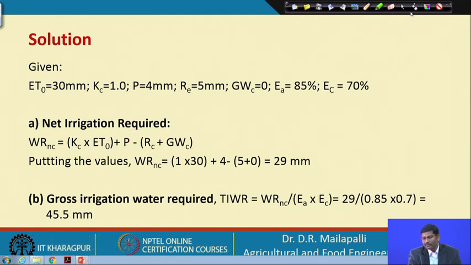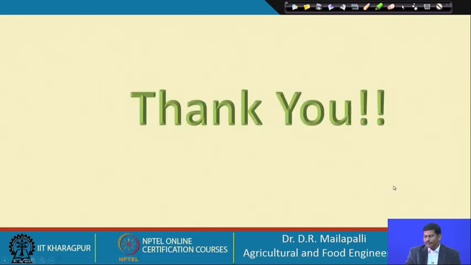So, this way you can estimate the irrigation requirements, knowing the other losses and inputs. In this lecture we focused on the crop water requirement, and we also demonstrated that crop water requirement is not the same as irrigation water requirement, because irrigation water requirement combines crop water requirement and the water required for soaking, leaching and saturation.